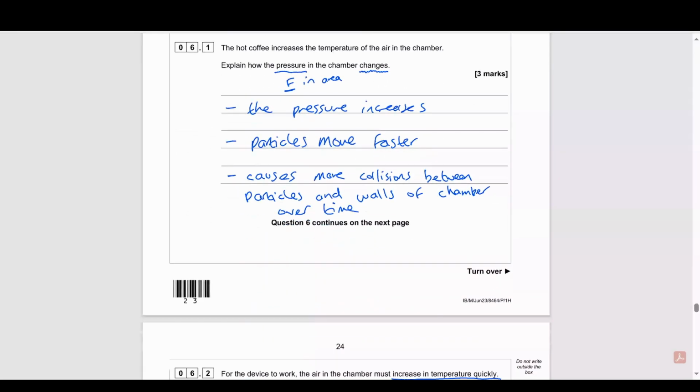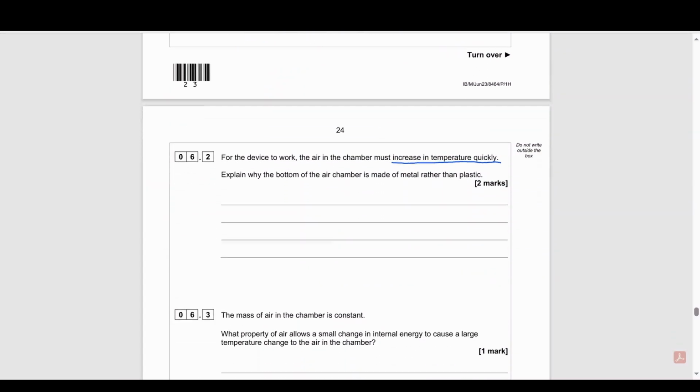So that movement of thermal energy, because remember temperature is thermal energy, is going to be called thermal conductivity. Thermal conductivity depends on the type of material that the object is made from. And in this question, they've given us two materials, metal and plastic.